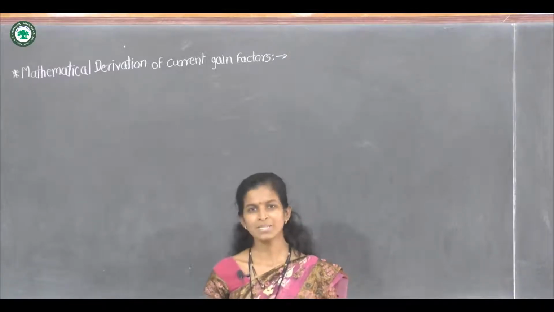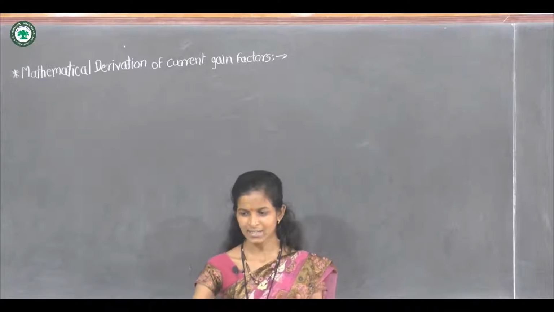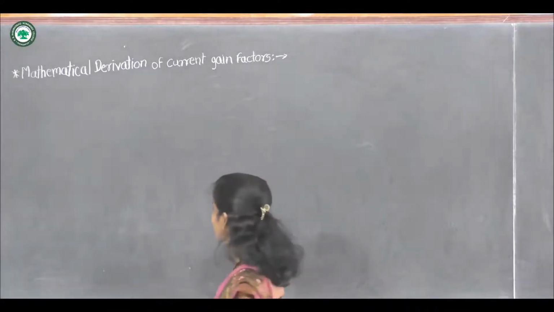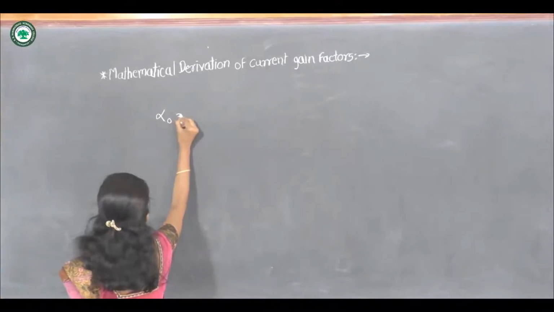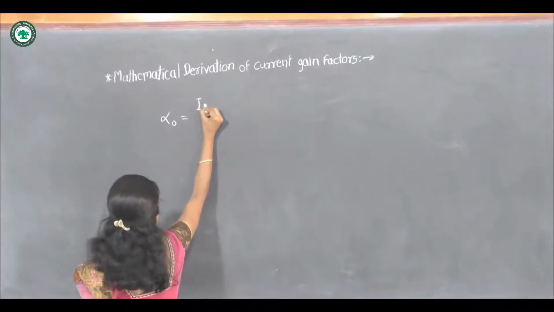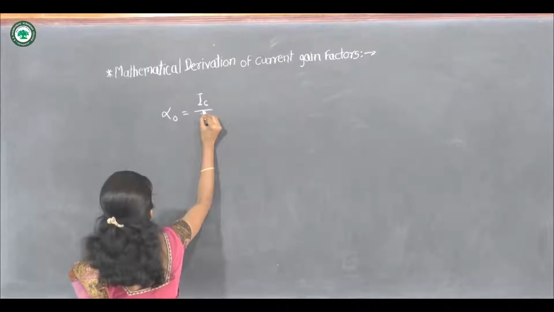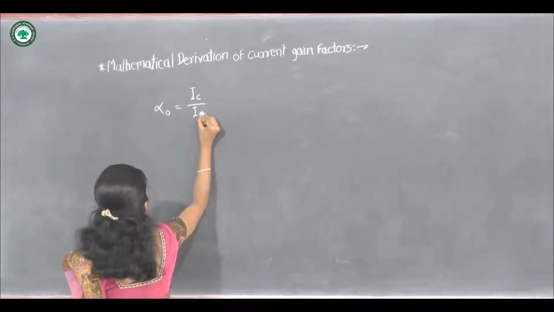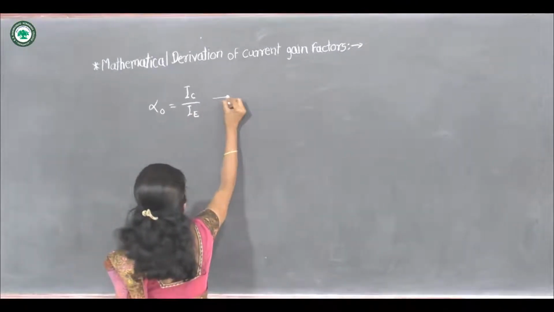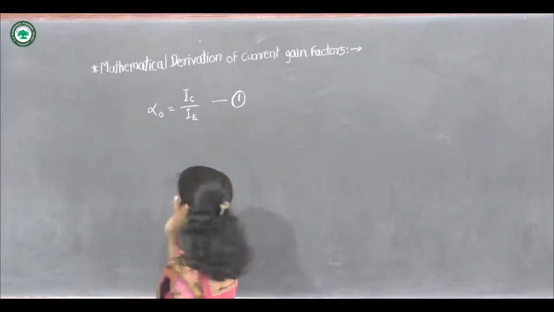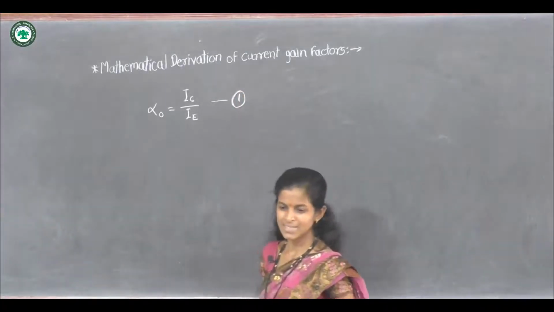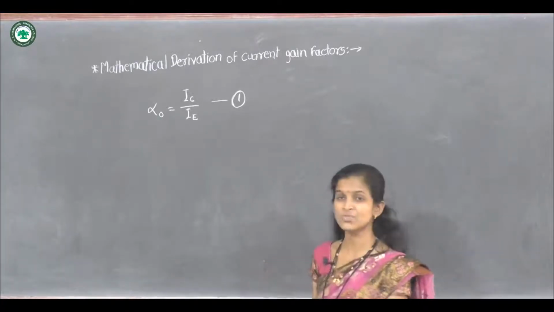The common base DC current gain is defined as alpha naught is equal to IC upon IE. This is equation number 1. So the DC common base current gain is defined by this formula.